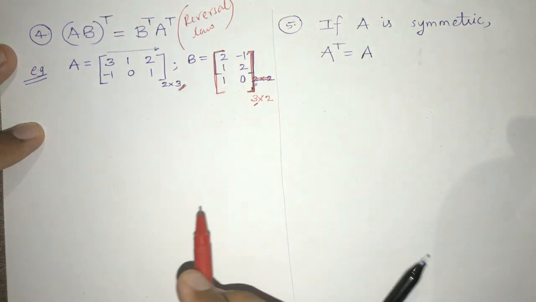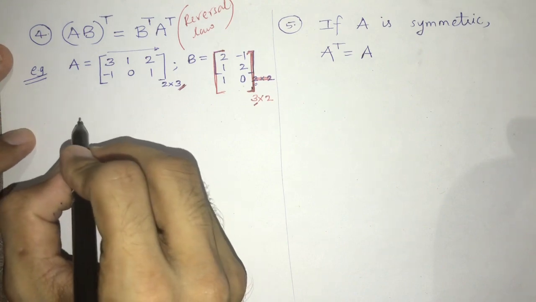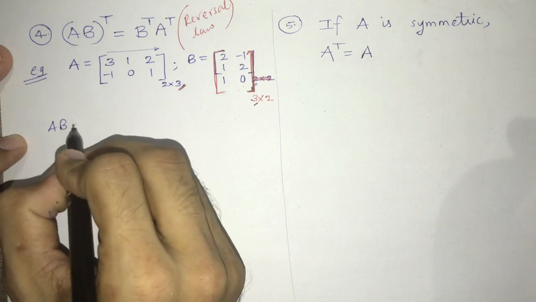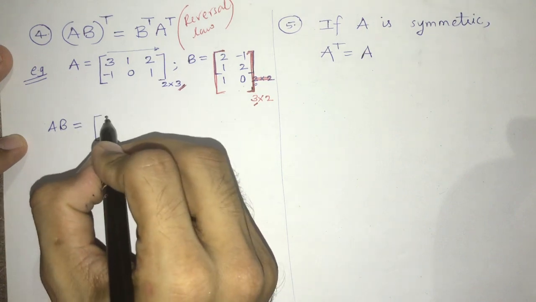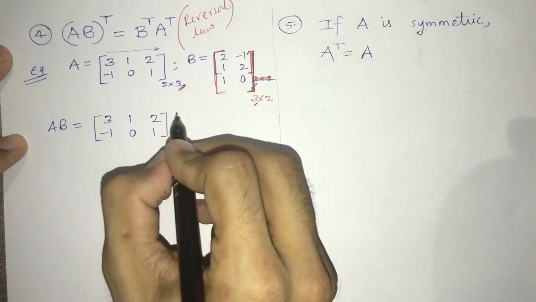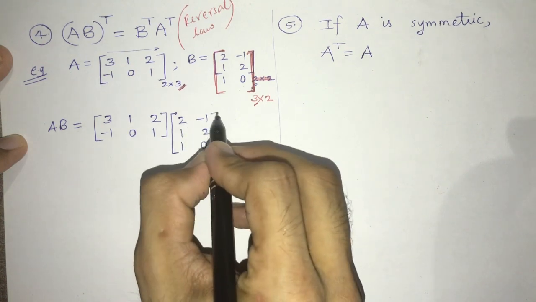Multiplication is possible, and after multiplying we are going to get a 2 by 2 matrix. Okay, so let us start. AB: 3 1 2 minus 1 0 1 gets multiplied with 2 minus 1 1 2 1 0.